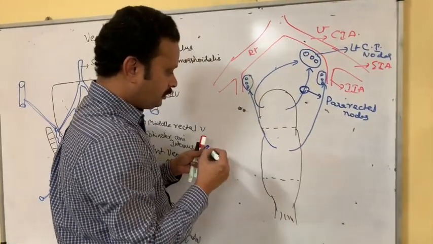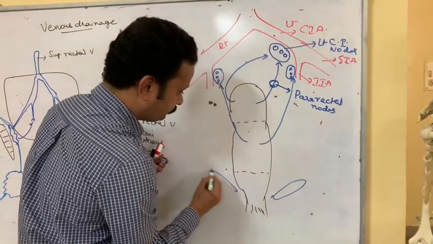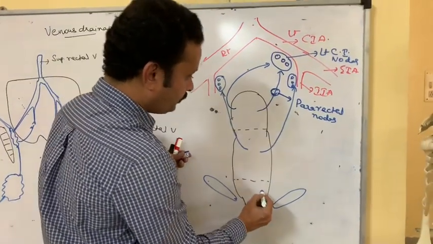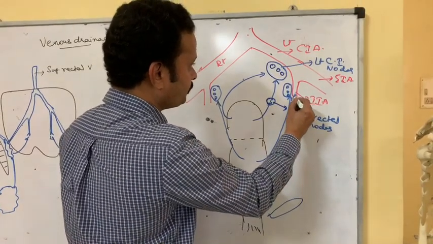The lower third, this is the levator ani muscle here, drains into the internal iliac nodes by two ways.